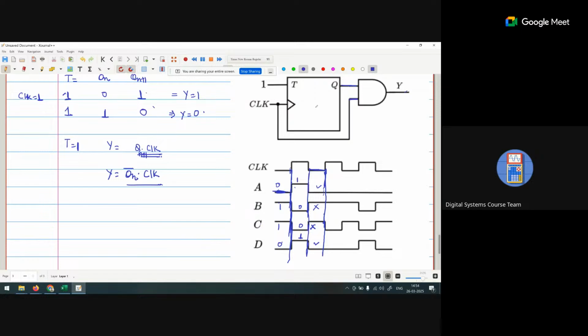Now the second clock pulse is applied. Now for this particular point, T is what? When T first clock pulse, T is 1. If it is a 0, we are getting a 1. So for A, it is a 1. For B, it is a 0. For C, it is a 0.